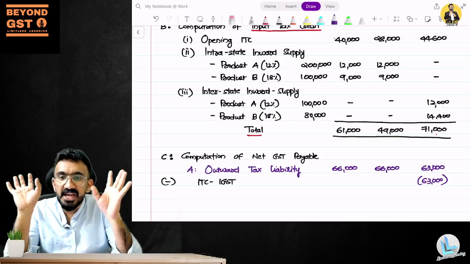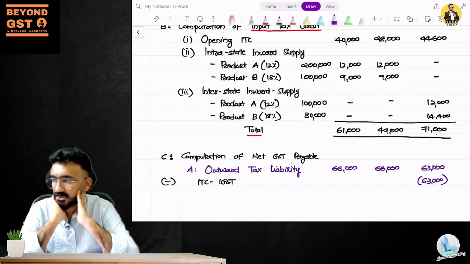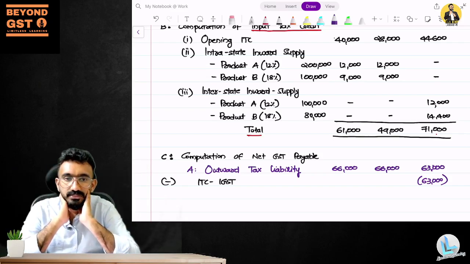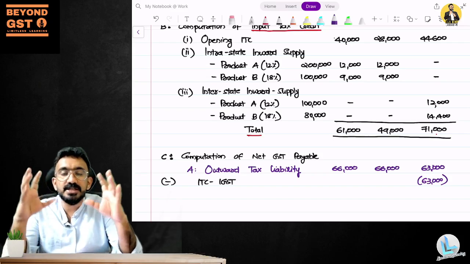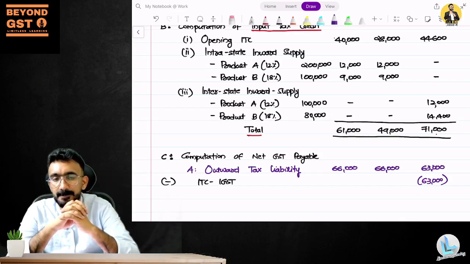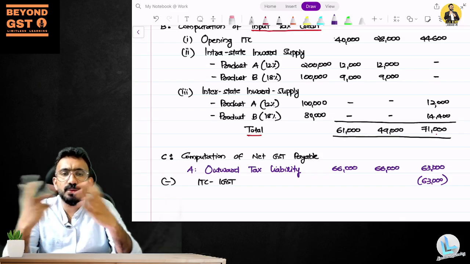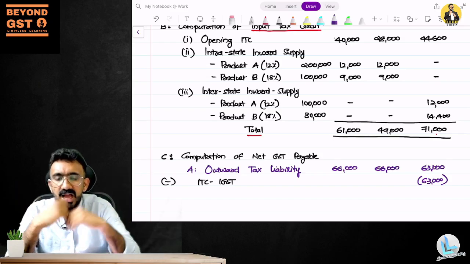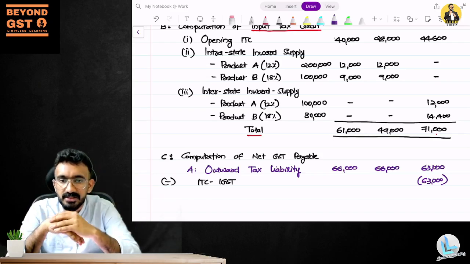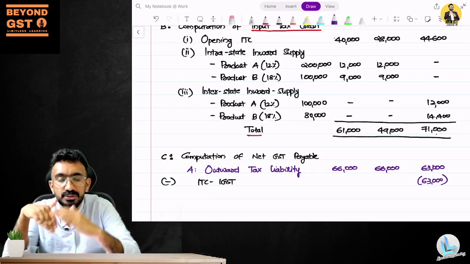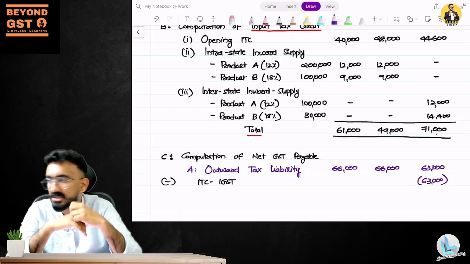If I use for any of this, my liability will get reduced. Beyond that, I will have excess credit. So always remember to fill the gap first. How can I fill the gap? I only have excess credit of 8,000. I can either fill the gap fully in SGST because I have a 17,000 gap there, or I can fill 5,000 in CGST, 3,000 in SGST. That's also fine.